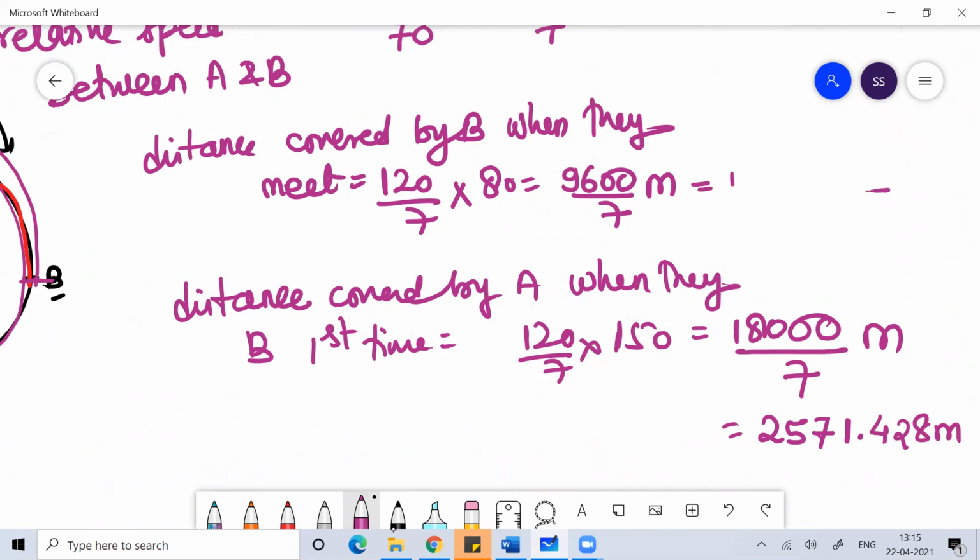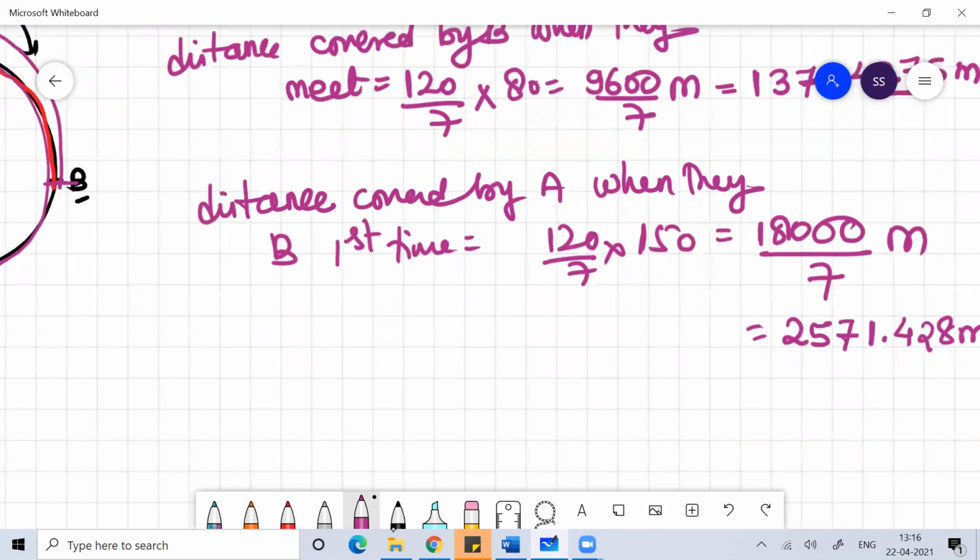And how much distance has B covered? The distance B has covered is 1371 meters, and the distance A has covered is 2571 meters.